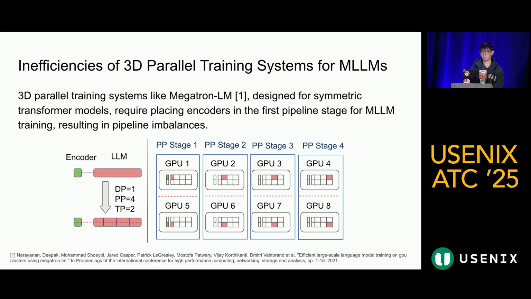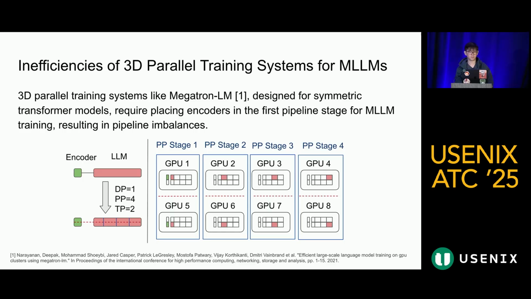However, if you want to use it to do multimodal large language model training, it requires some adaptation. For example, one common practice is to place the encoder in the first pipeline stage to do the training. However, it results in pipeline imbalance because now the first pipeline stage is doing more work compared with other pipeline stages.